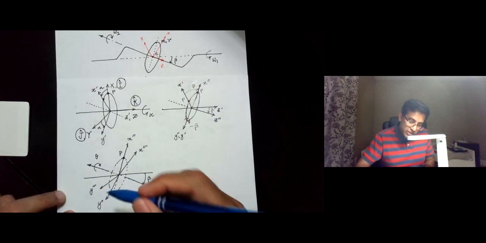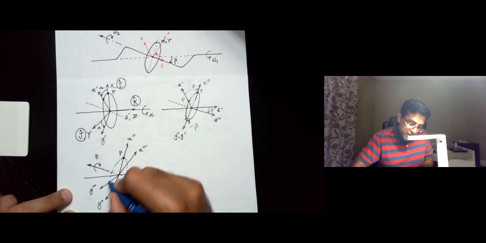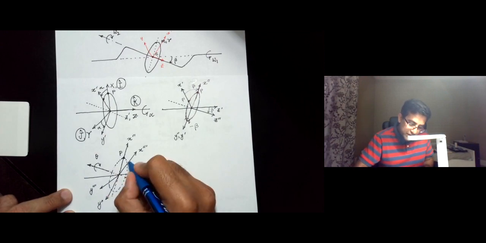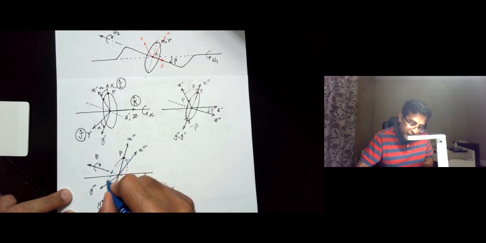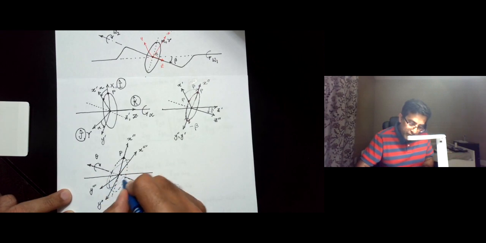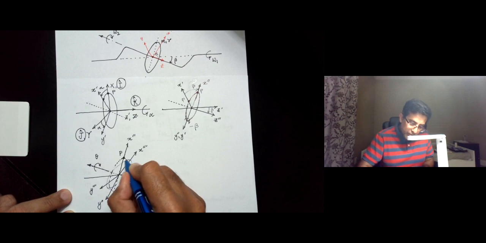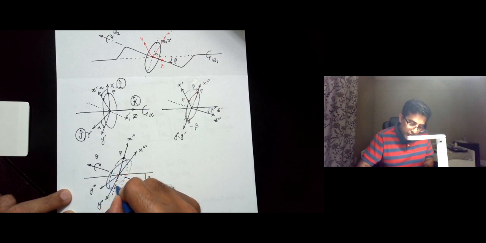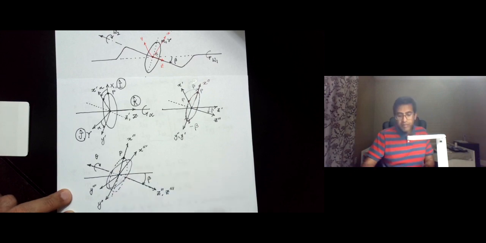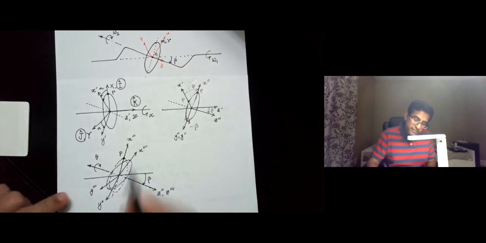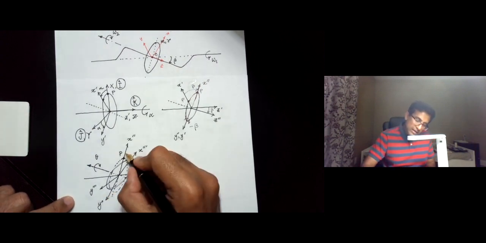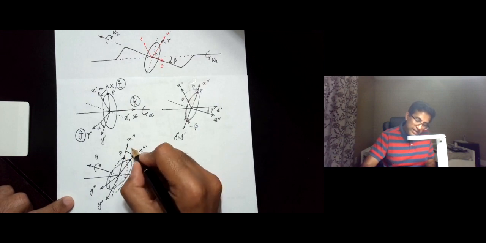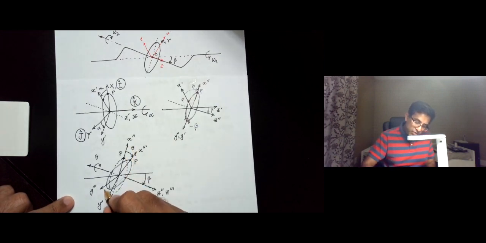And so now the disk looks tilted, so now the disk is like that. P has gone to this point, and this angle is theta, and so is this angle.